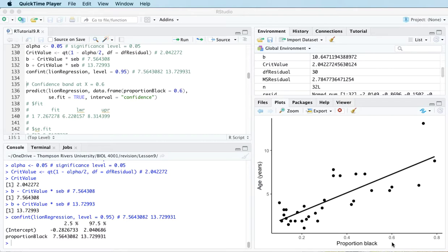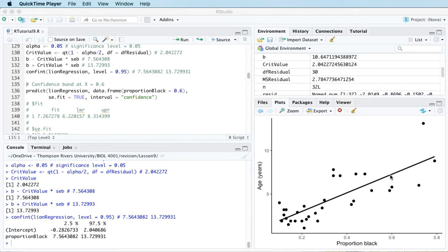And what we want to do is estimate the mean age for that subset of lions. So how do we do that? Well, our best guess for the mean age is going to be given by the predicted value right on the line.